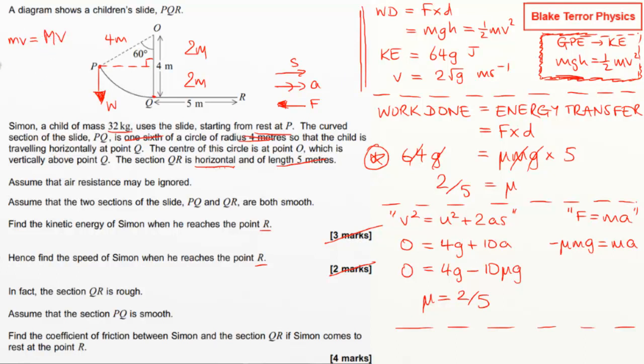So if we think of what's happening, coming back here, we've got a half mv squared for the kinetic energy of the child, and then we've got a half in the capitals MV squared for the change in kinetic energy of the Earth. So we can ignore these halves, they don't really matter, because we want to see how this kinetic energy is divided up proportionally. And we know with the momentum, we've got the same amount of momentum on both sides. How does it divide up for the kinetic energy?